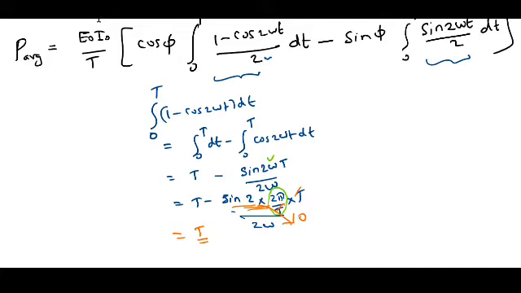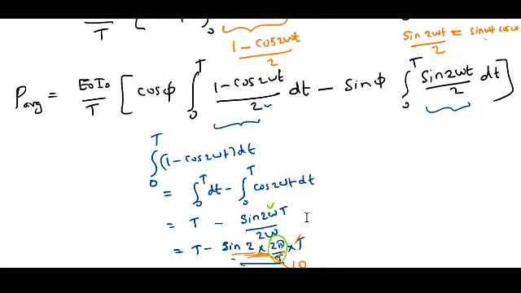And here the second integral, you have 0 to T sin 2 omega t dt.